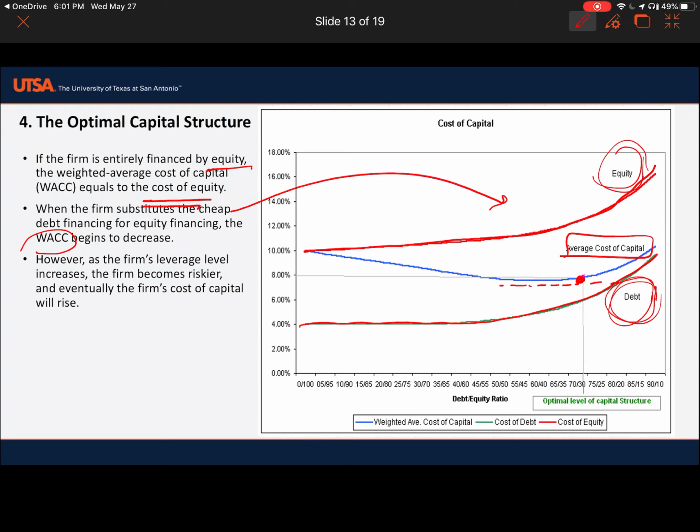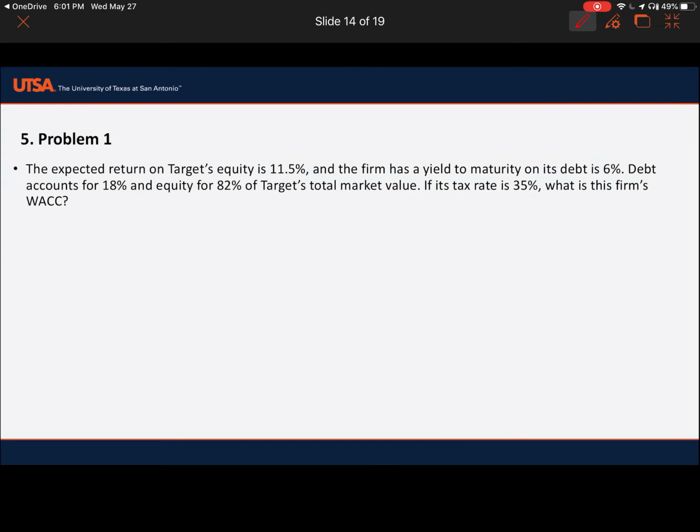However, as the firm's leverage level increases, leverage meaning debt ratio, debt over assets, the firm becomes riskier, and eventually the firm's cost of capital will rise. So there exists an optimal point or range at which the firm's cost of capital is lowest, the bottom of this curve. Let's solve problem 1.